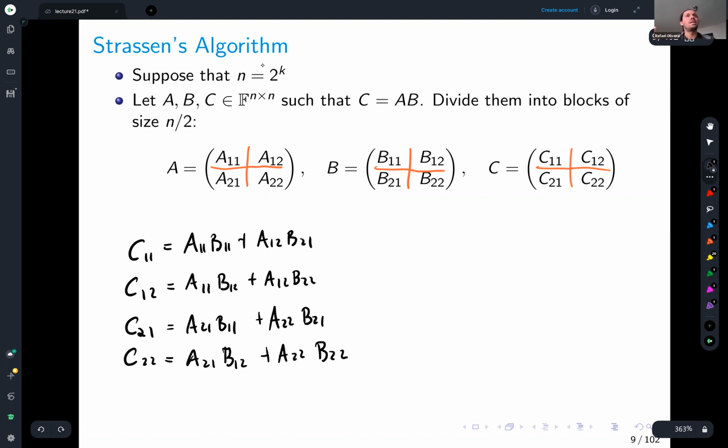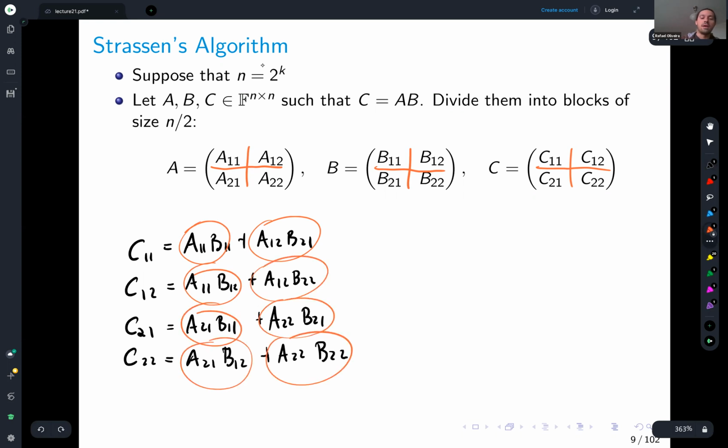Now, if we did this naively, how many multiplications do we have? Let's count: 1, 2, 3, 4, 5, 6, 7, 8. We have 8 distinct multiplications. You can see that all of these multiplications are distinct.